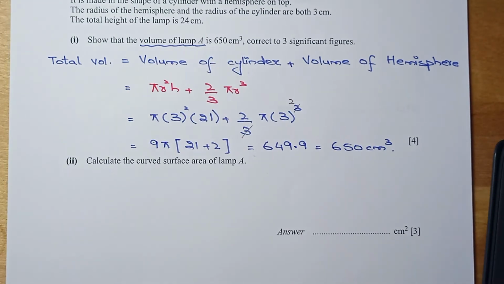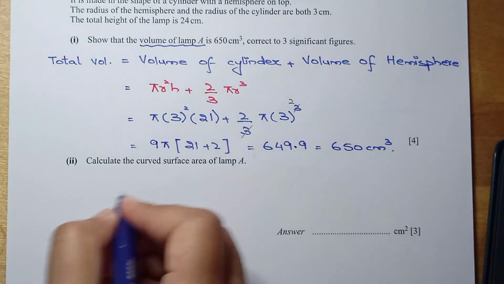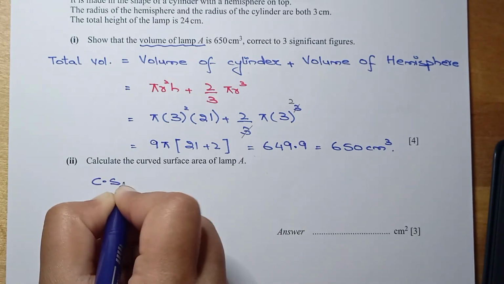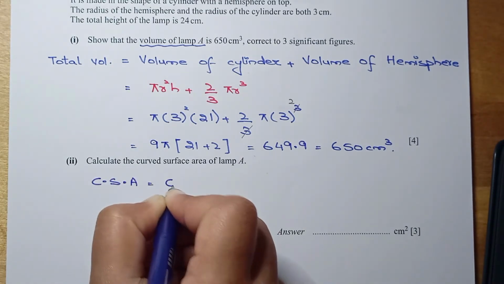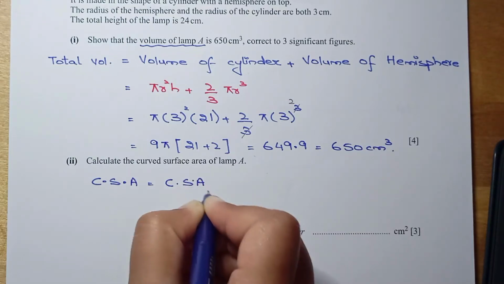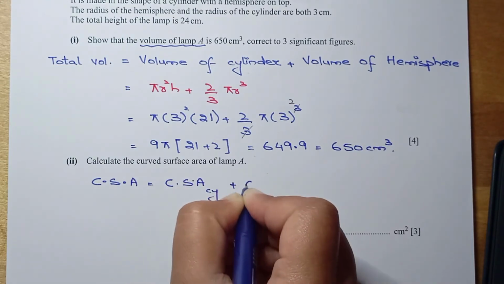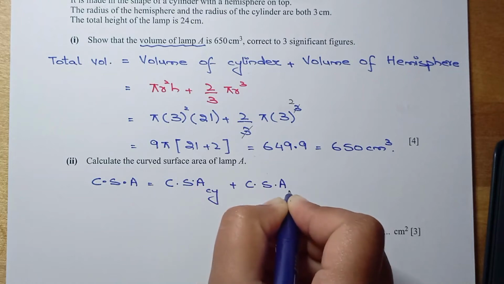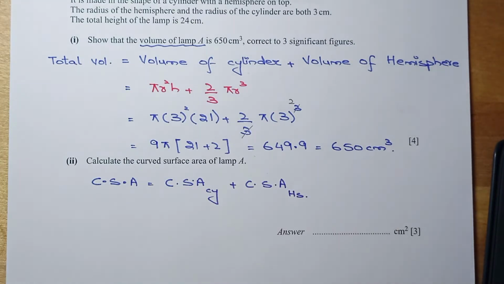The total curved surface area is again the curved surface area of a cylinder and the curved surface area of a hemisphere. So the curved surface area is equal to the curved surface area of a cylinder plus the curved surface area of the hemisphere.